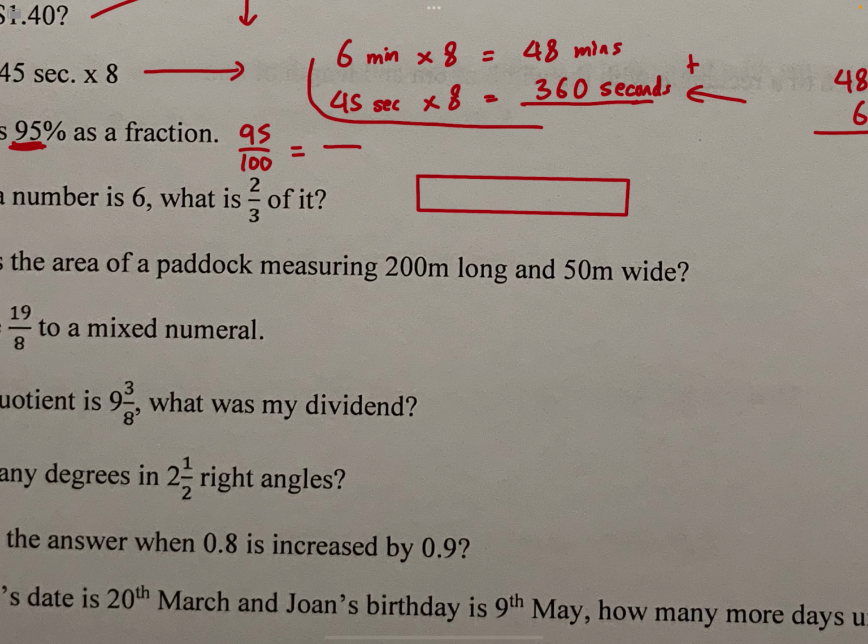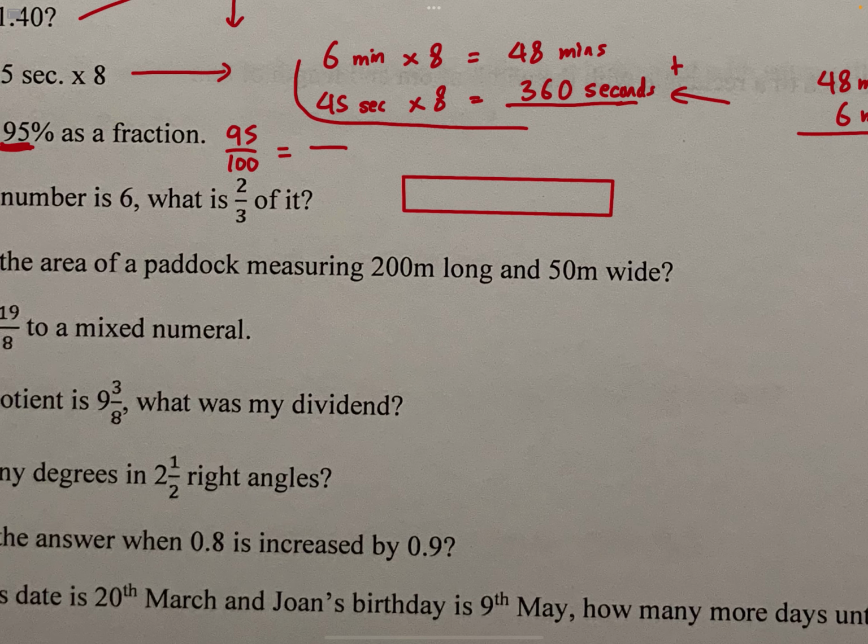It says that 1/5 of the number is 6, so imagine this is 6. This is 1/5 of the number, right? This is 1/5. So that means the whole number must be how much?